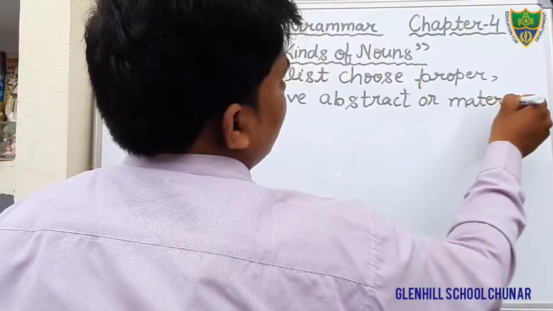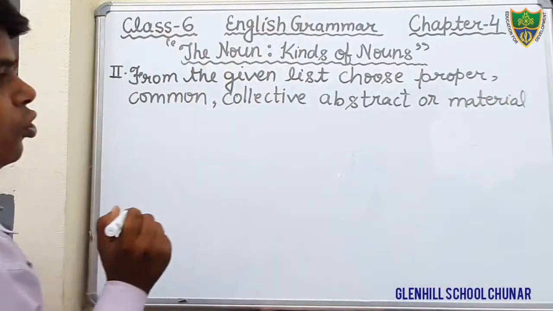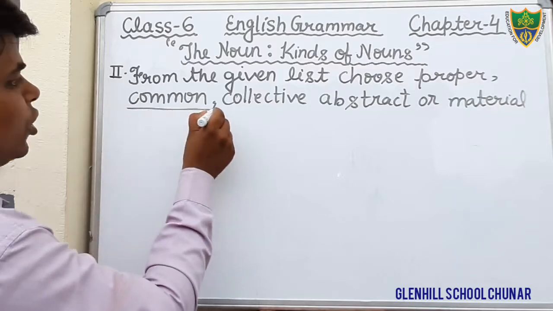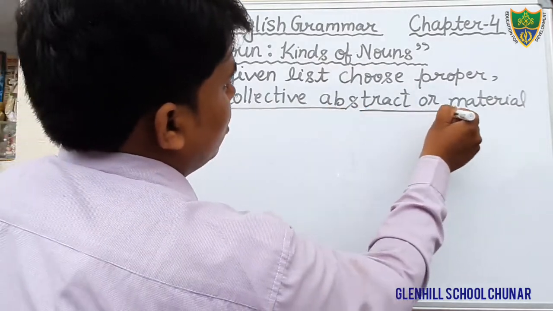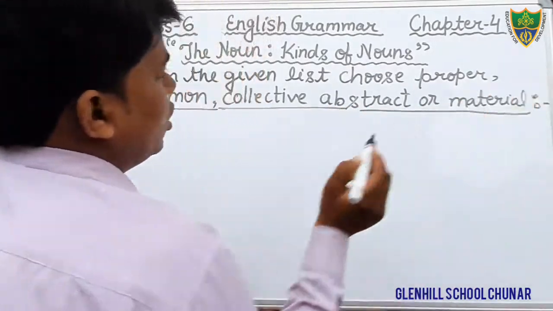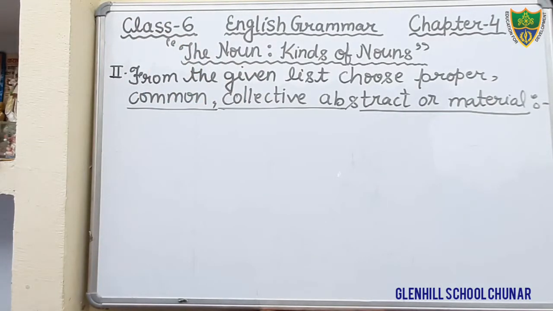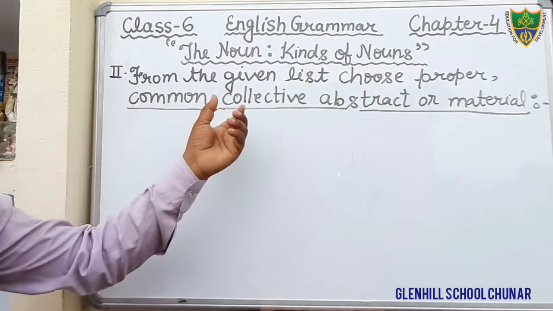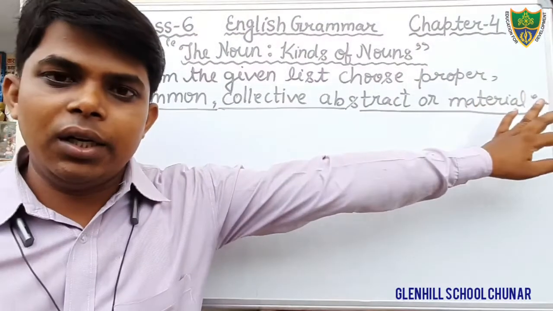Okay students, so this is your question. Some words are given. Okay, in this way you will write. From the given list you choose the proper, common, collective, abstract and material.